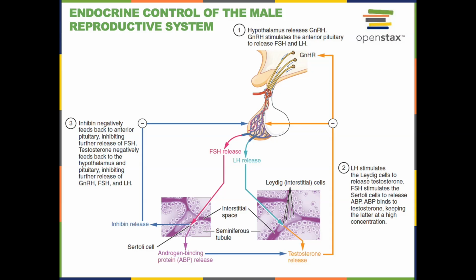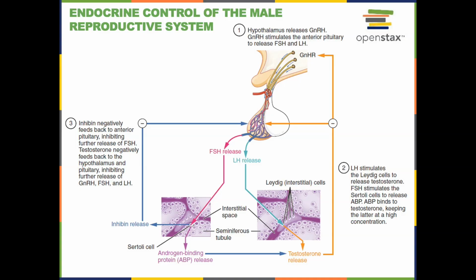Luteinizing hormone will then bind to receptors on the surface of the interstitial cells of Leydig and stimulate the production of testosterone. Testosterone will stimulate the process of spermatogenesis, but testosterone will also travel through the blood to have masculinizing effects, and in the hypothalamus and anterior pituitary gland, testosterone will have a negative feedback function to decrease the production of GnRH and LH.